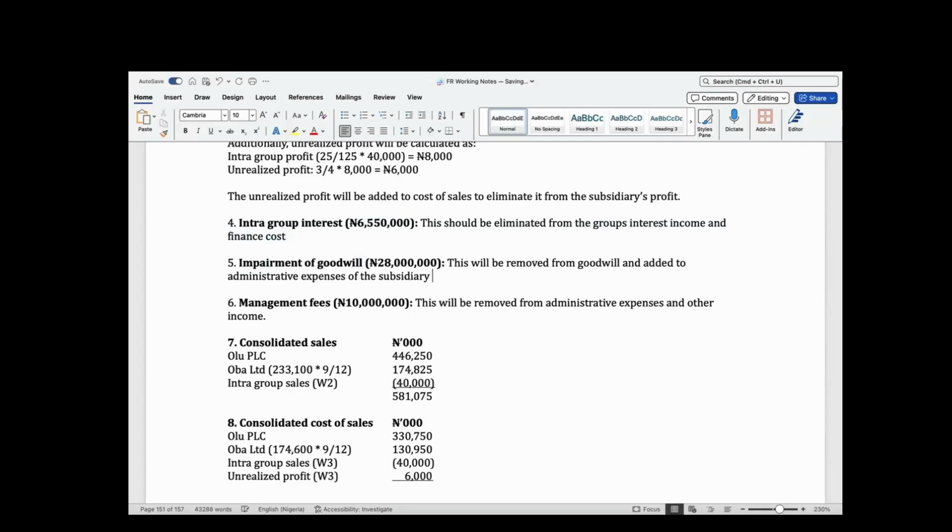Oba, why are we adding it? Who can tell me why we are adding this impairment loss to the expense of the subsidiary and not of the parent? Lekon, continue.